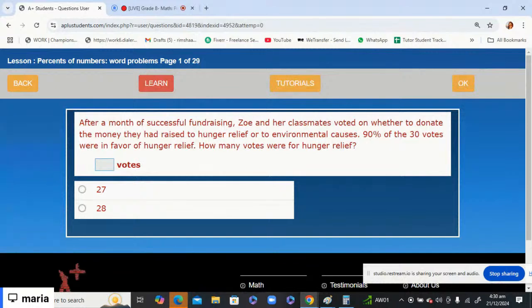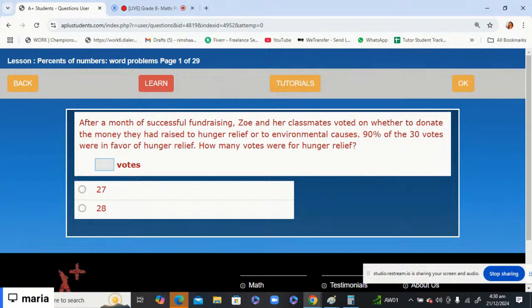So here is the first question. They are saying that after a month of successful fundraising, Zoe and her classmates voted on whether to donate the money they had raised to hunger relief or to environmental causes. 90% of the 30 votes were in favor of hunger relief.